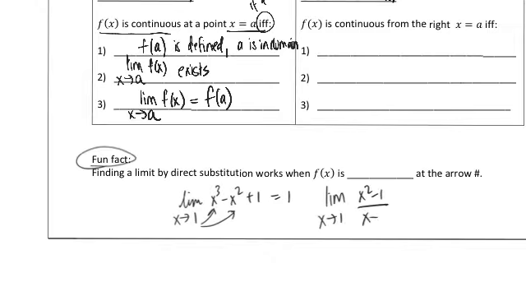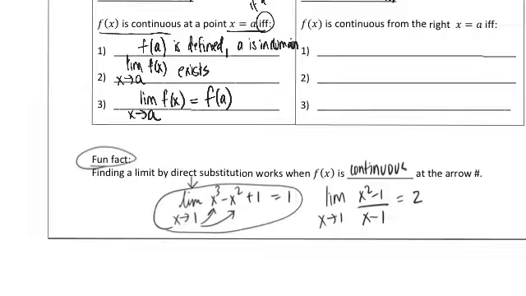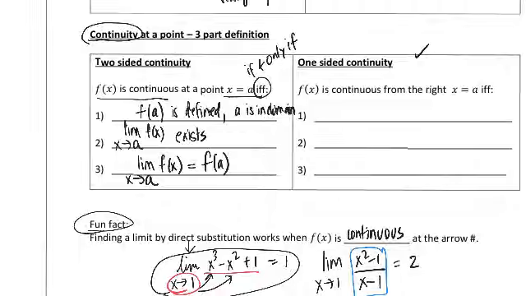We saw this in many different problems. The reason this direct substitution works, when it works, is that the function is continuous at the arrow number. You can see that this function right here is continuous at x is equal to 1, and this function right here is not continuous at x is equal to 1. So that's why direct substitution works.